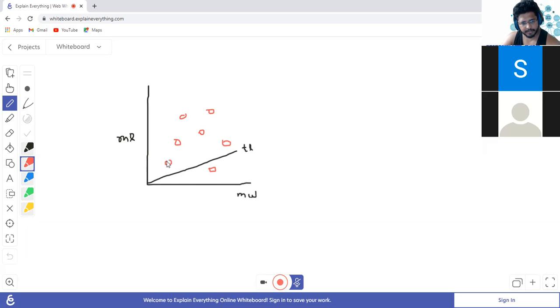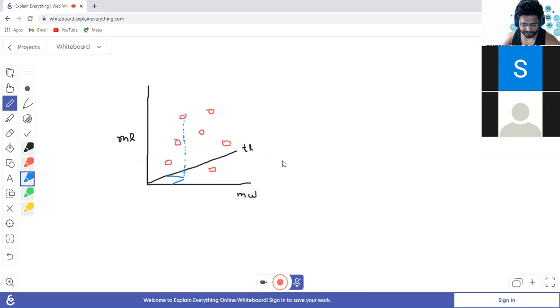Those readings are points in a three-dimensional space, where each point tells me what is the mouse length given the mouse weight and given the mouse tail length, right?